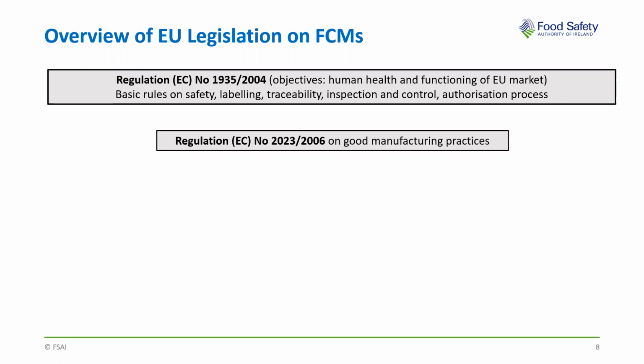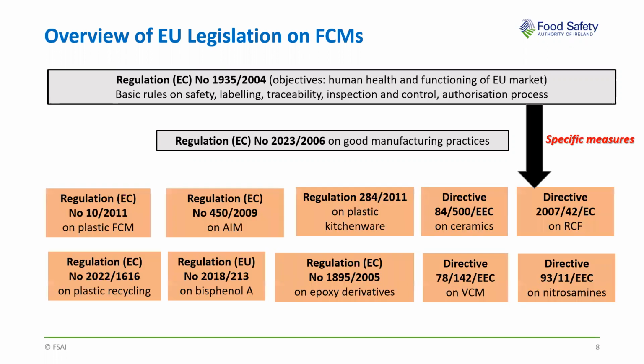I also want to mention the harmonized laws for specific types of food contact materials, or as they're referred to at European level, specific measures. On the slide here, you'll see sitting under these two framework regulations a number of specific regulations which relate to specific materials. And if you recall from my previous slide, I mentioned that the legislation contains a list of 17 distinct types of FCMs.